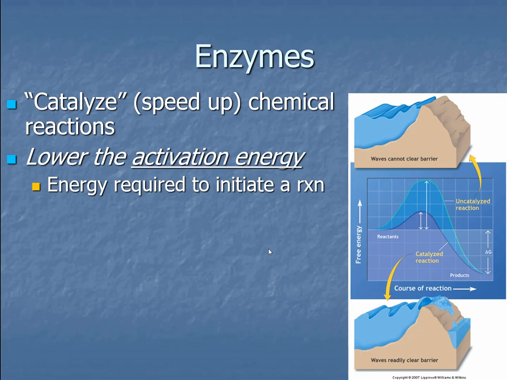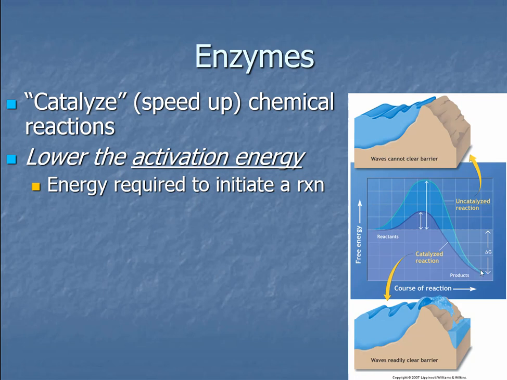So I like to look at this graph right here, and it's kind of showing what we would know as an exergonic reaction that overall releases energy. So if you start with what are called the reactants, you end up with what are called the products. You can see that over the course of this chemical reaction, energy is given off.